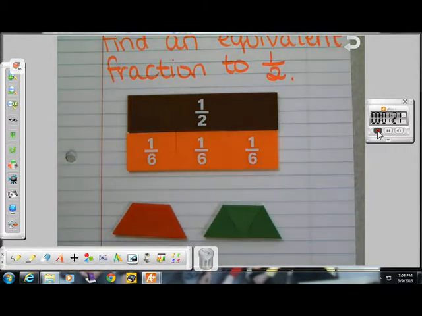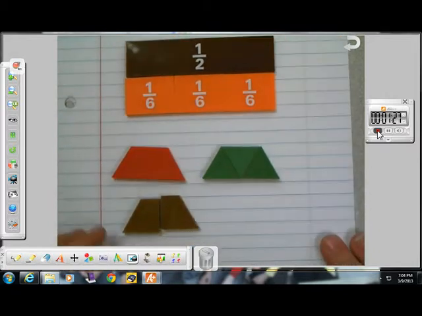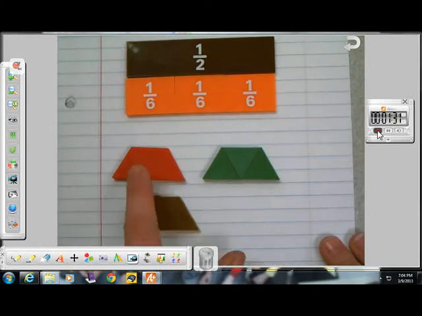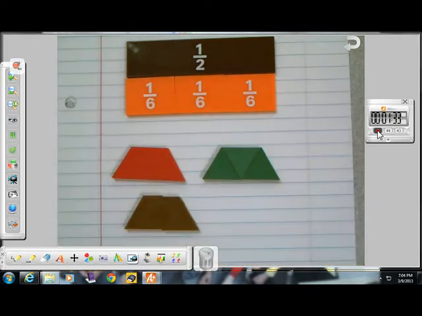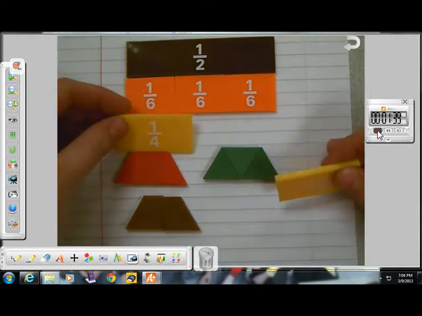If I pull fourths out and I line them up, I can see that 2/4 is equal to 3/6 is equal to 1/2. I can prove that by pulling my tools out and saying, here's another 2/4.